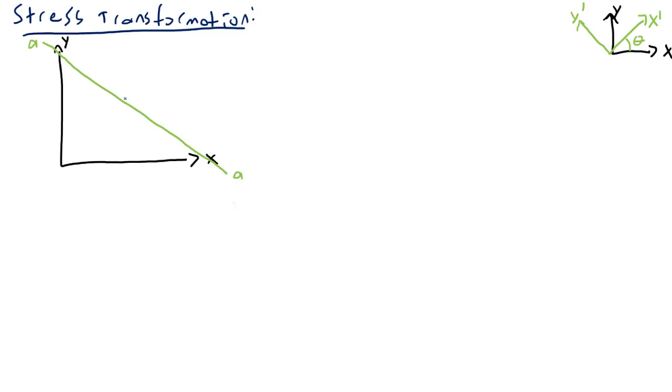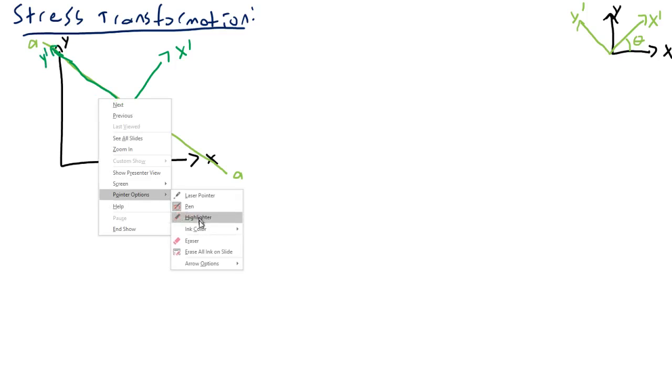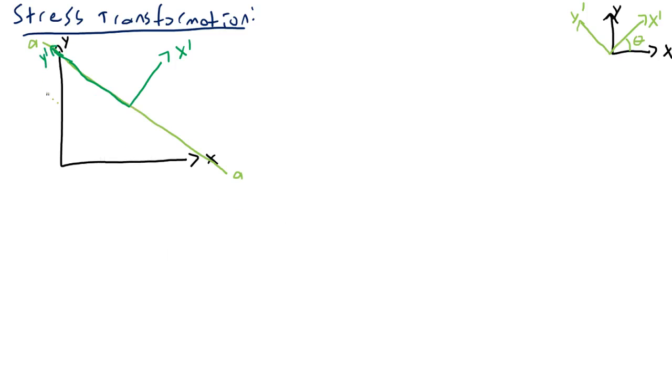So the x prime axis is here, and the y prime axis is here. And this is separated by a certain angle theta.